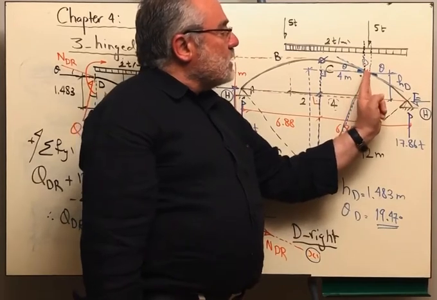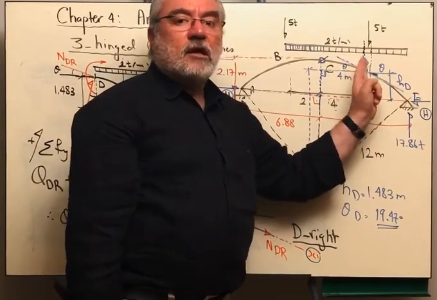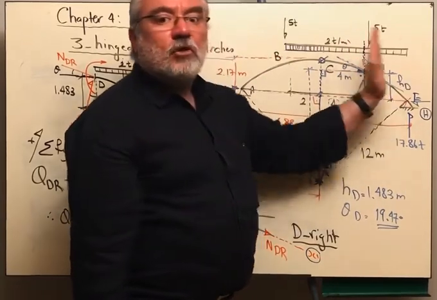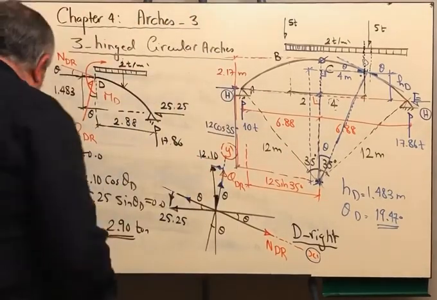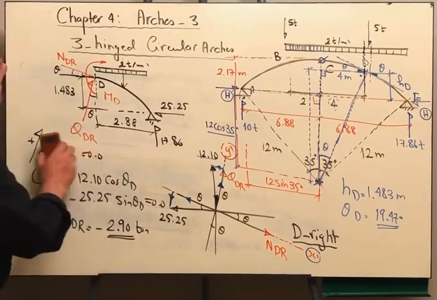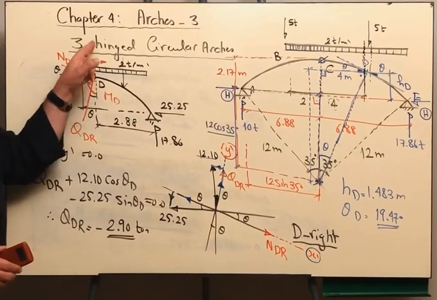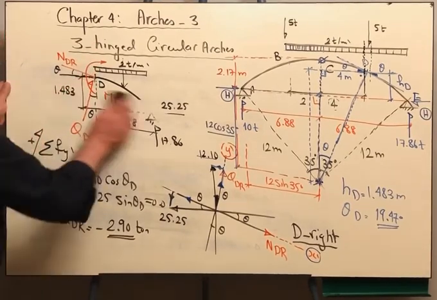When I am taking a section left of point D, not necessarily I will take the left part of the arch. Still, I will take the right-hand side because it is easier for me. So what difference will it make in this diagram? Let me erase that. The only difference is that we are going to have here included in our section the 5 tons. Okay?